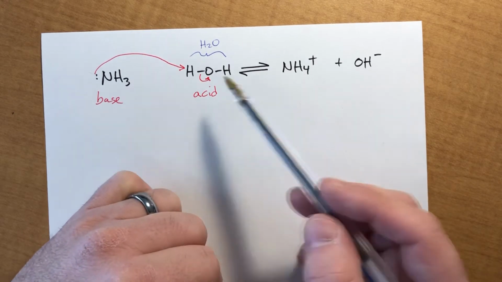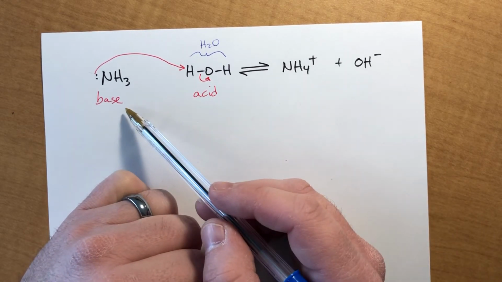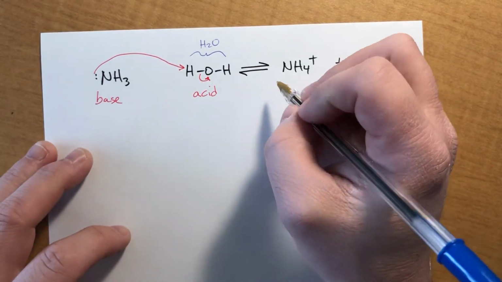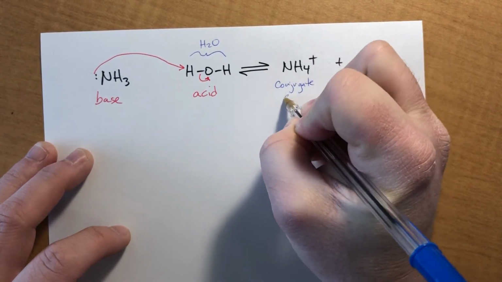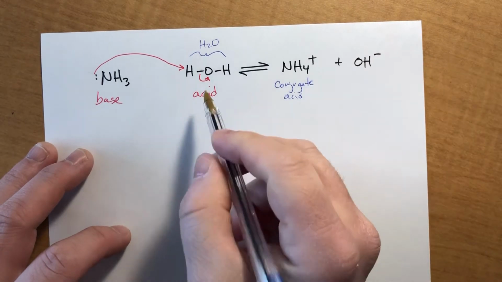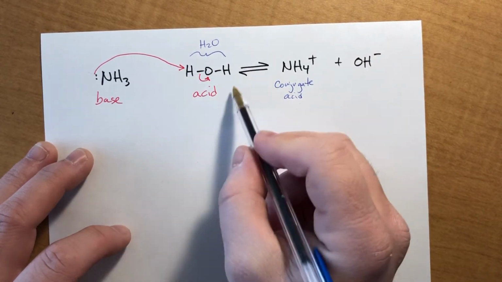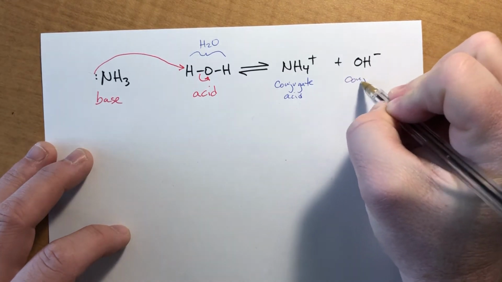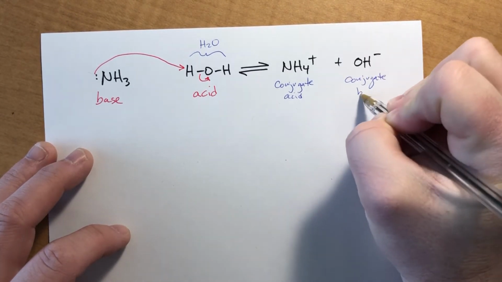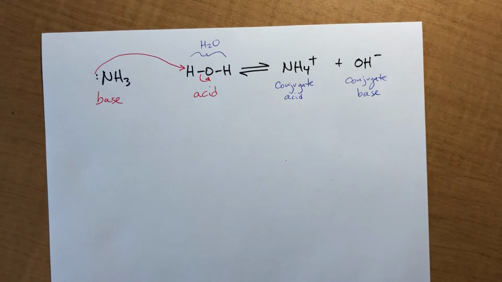So if you went backwards, it would lose the proton and become a base again. This is called a conjugate acid. I'll define these things in just a second. This was the acid in this scenario, and it lost a proton. Now this is a pretty strong base. This is the conjugate base. Okay.